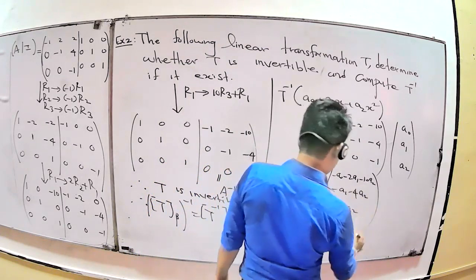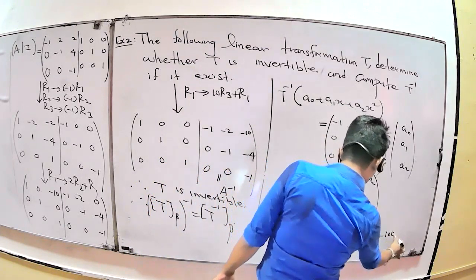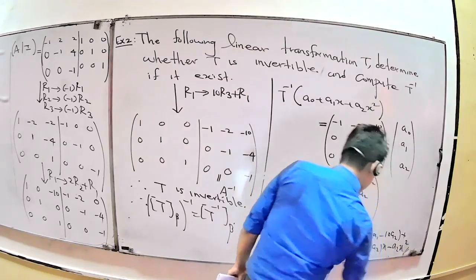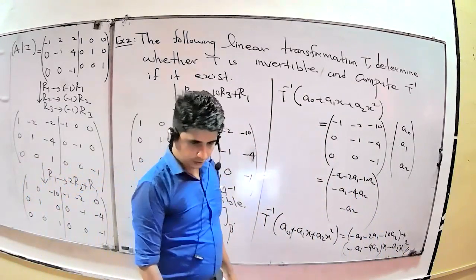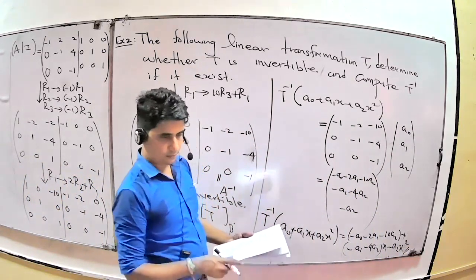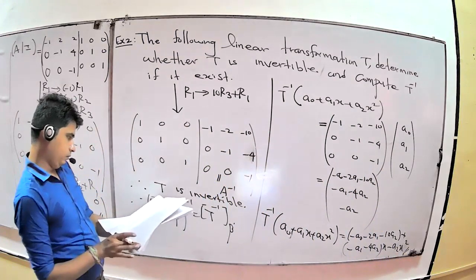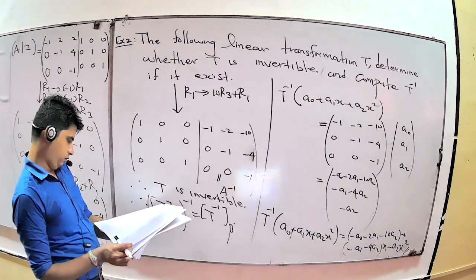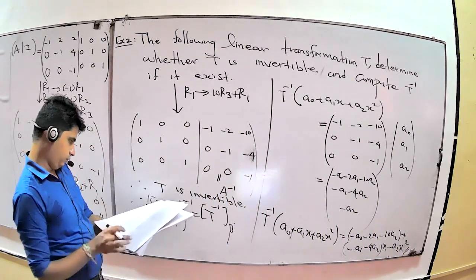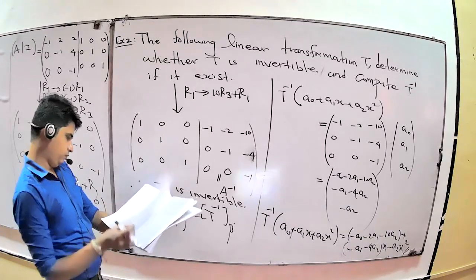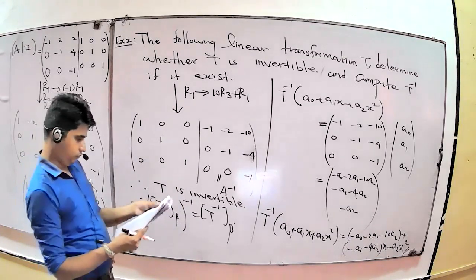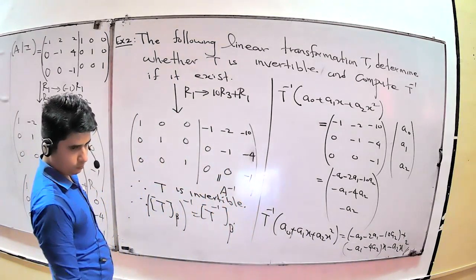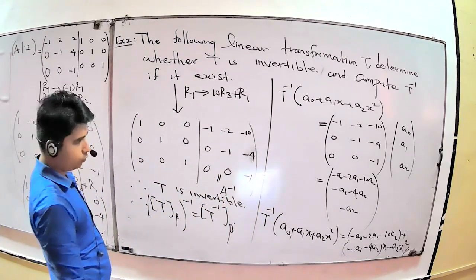Then you can write your first term: minus a0 minus 2a1 minus 10a2, plus minus a1 minus 4a2 times x, minus a2 x squared, right? It is your T inverse mapping.